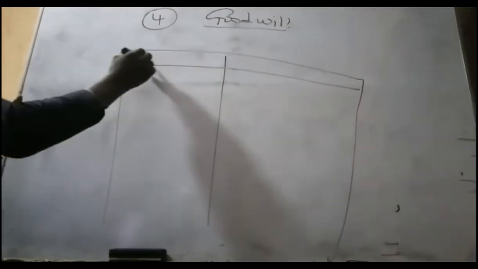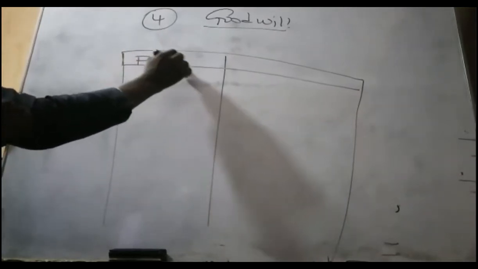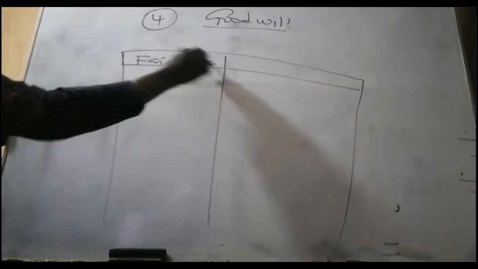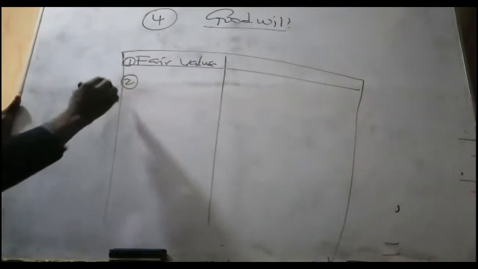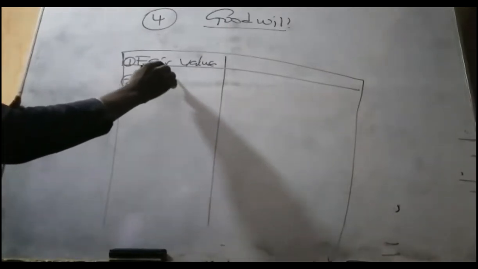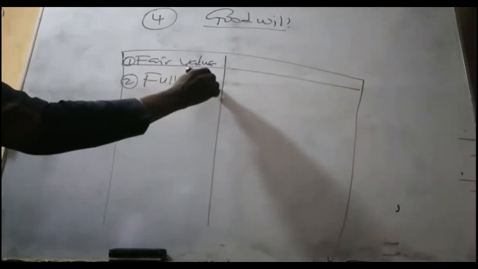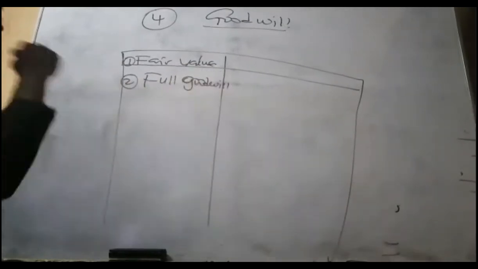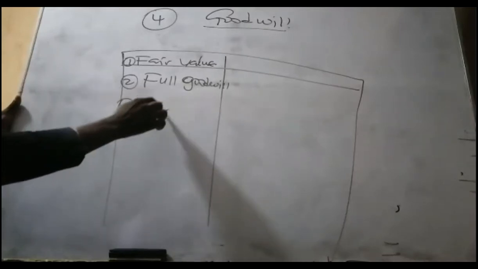We have what you call the fair value method. That's the first name. We also call it the full goodwill method. We also call it the new method.